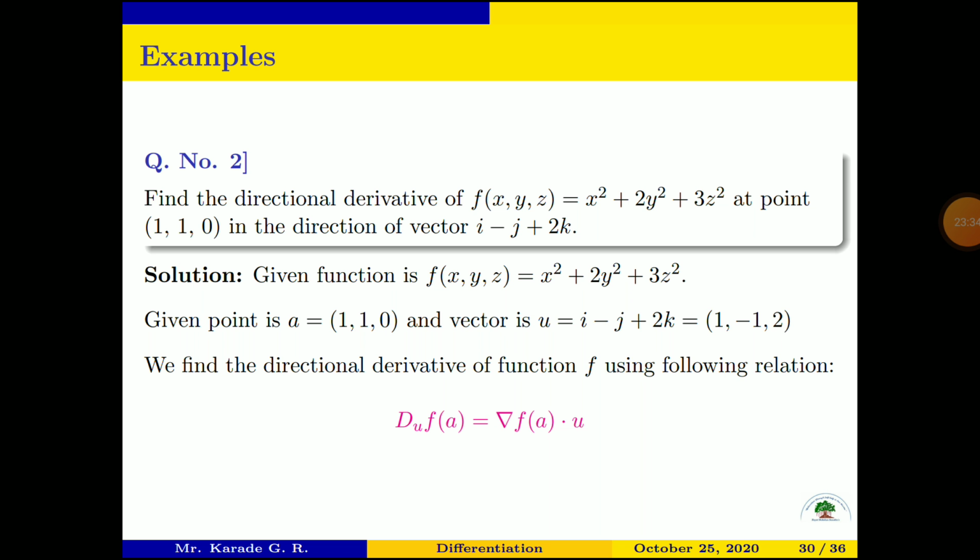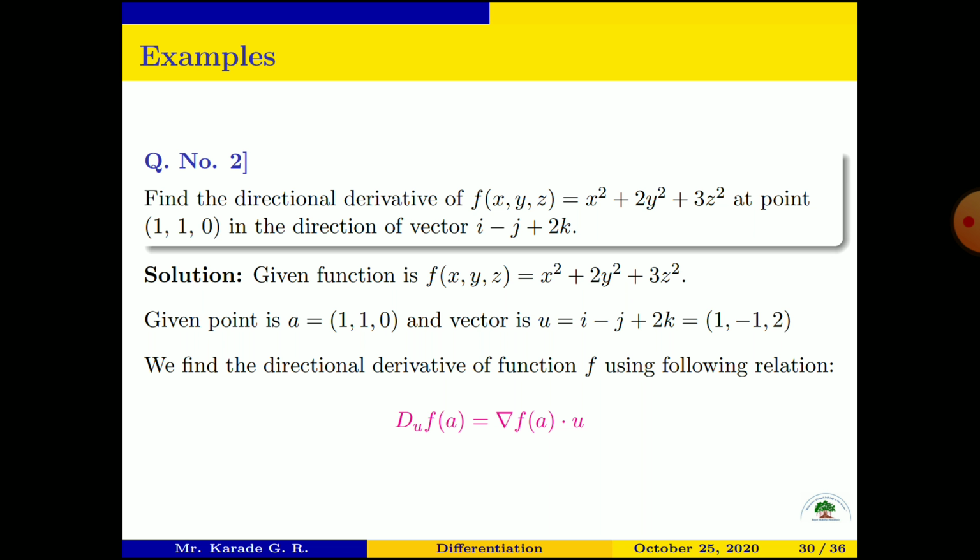The given point is a equal to 1 comma 1 comma 0, and the vector is u equal to i minus j plus 2k, which is equal to 1 comma minus 1 comma 2. We find the directional derivative of function f using the following relation.